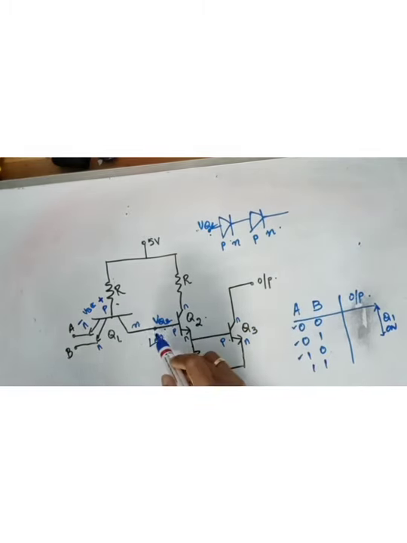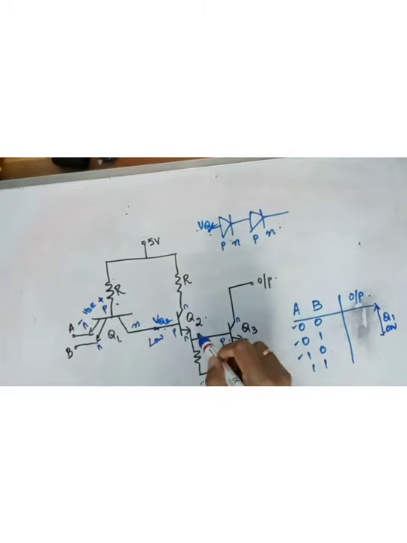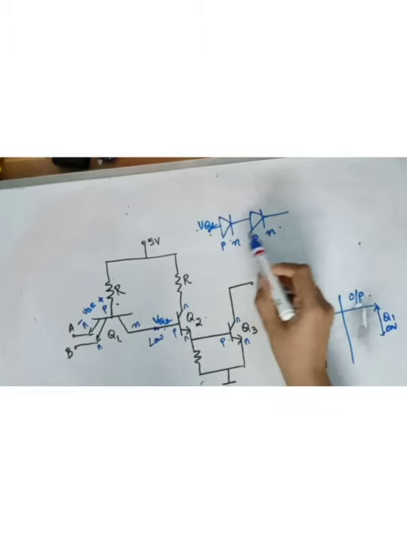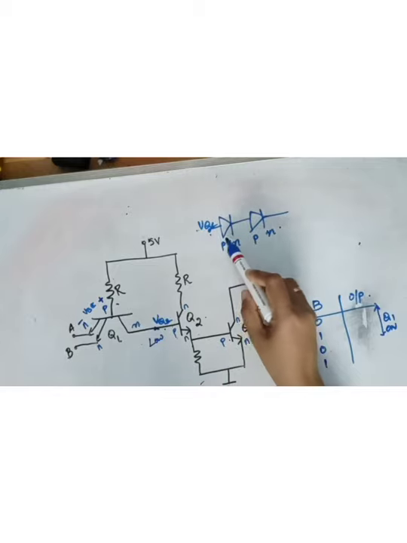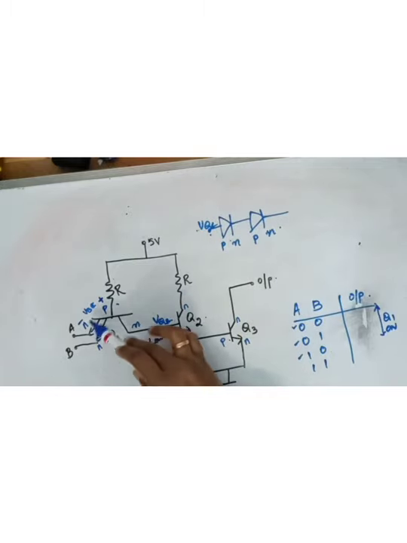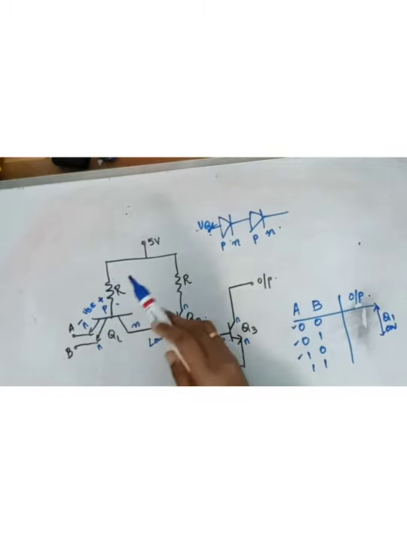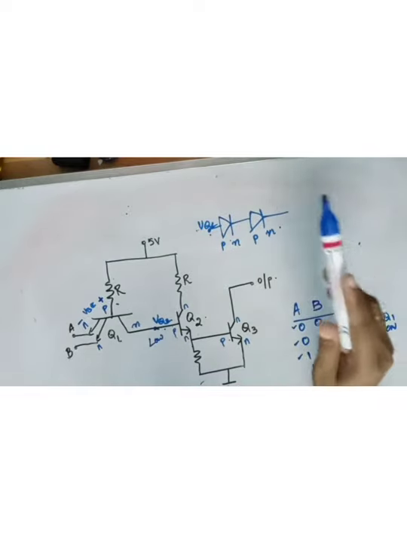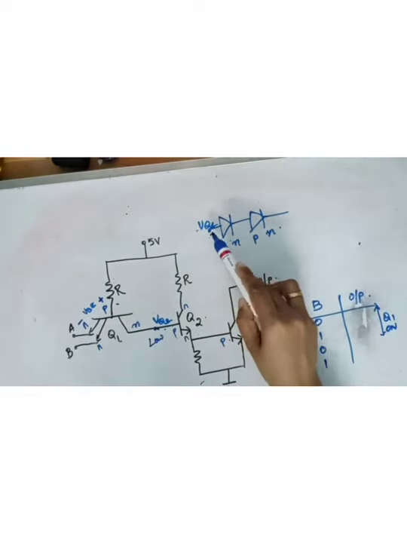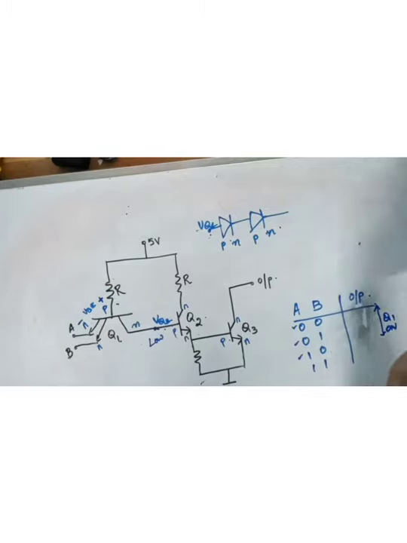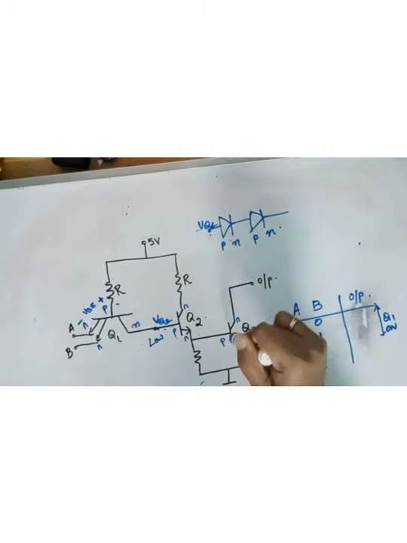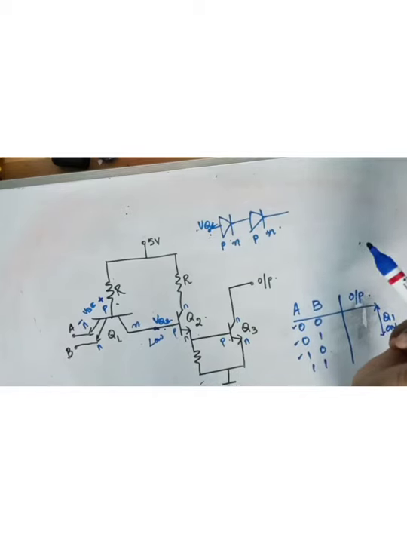So what should the voltage at VQ2 be so that both Q2 and Q3 are on? It should be equal to 2 diode voltages. If one diode voltage is, like we told here, 0.5 to 0.7, suppose it's 0.5, then VQ2 should be greater than 1 volt. 0.5 plus 0.5, 1 volt. Then only Q2 and Q3 will be on.